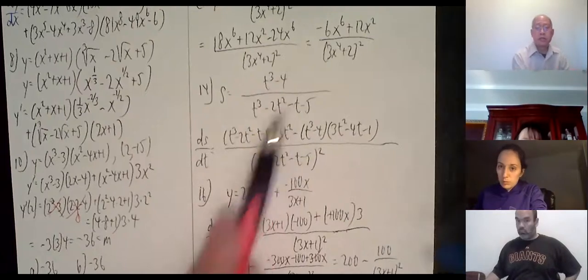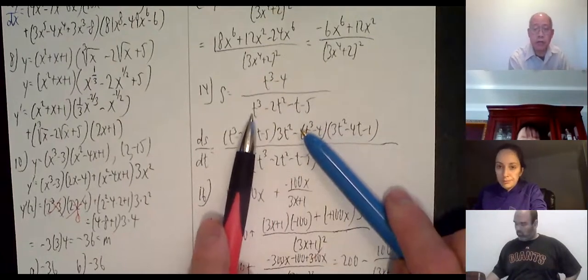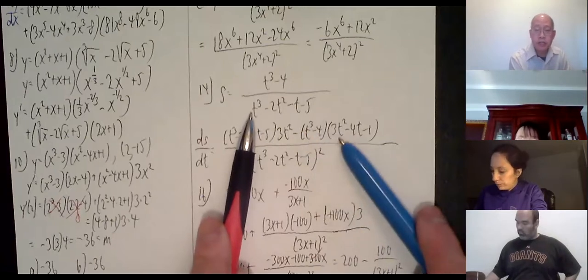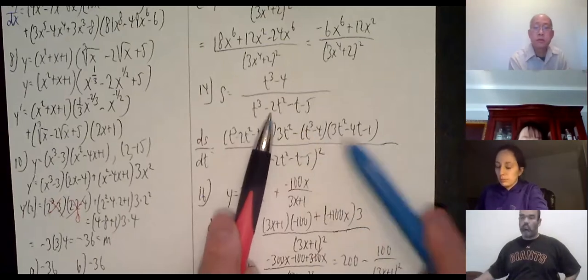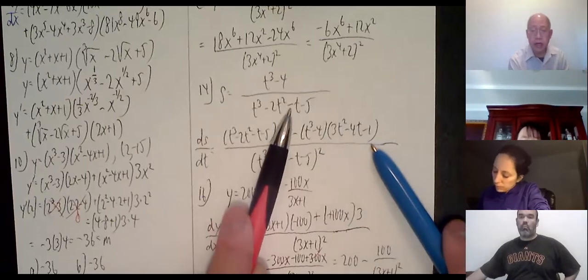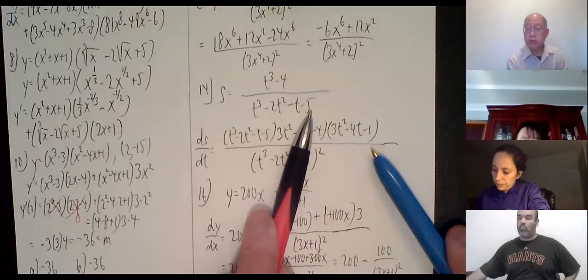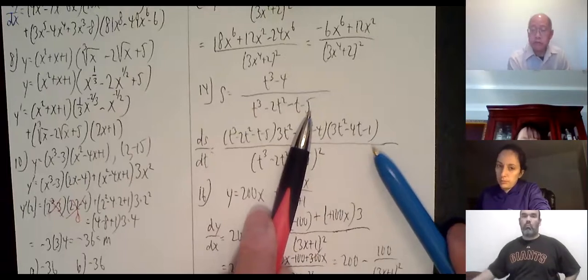Okay, so let's differentiate the denominator. Again, differentiate means take the derivative. So 3t squared, right? Minus 4t minus 1. And you say, what about the negative 5? What's the derivative of negative 5? 0, so you don't have to write it.